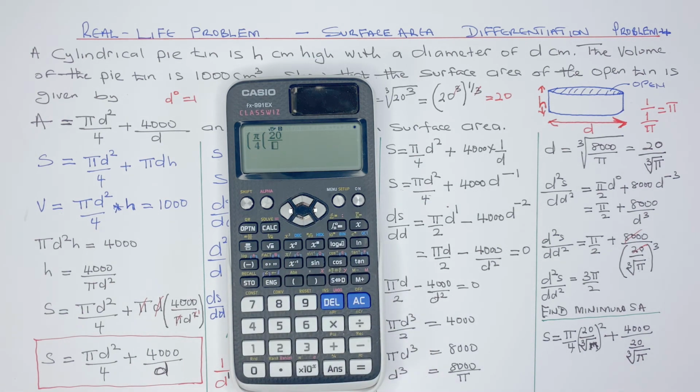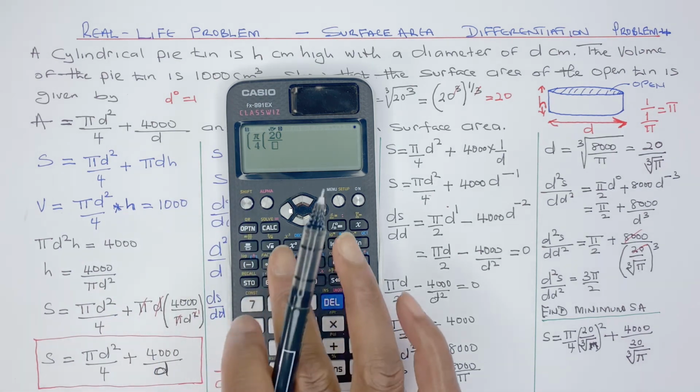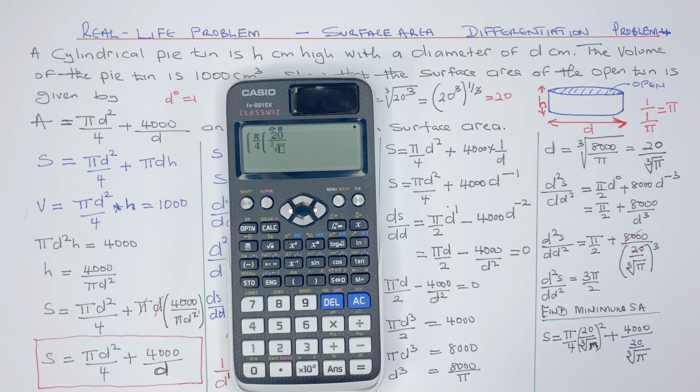You want cube root, so shift and press that. Then put inside there a pi, so you do shift and that again. Move the arrow key to the side and close the bracket. But you want to square that, so just press the square key.